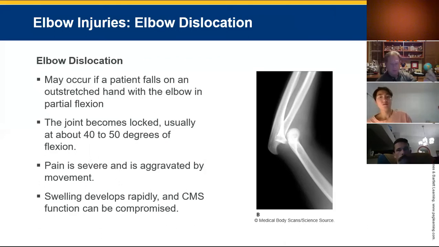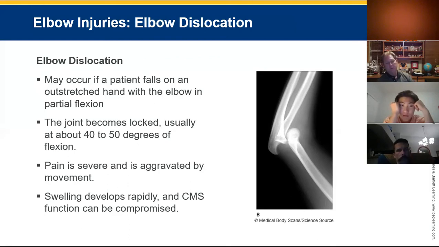The good x-ray of a dislocation. And like he was saying before, this looks like it would be pretty simple if you just put a little pressure underneath the armpit, grab them by the wrist and pull down, maybe a little twist, and it should go back into place. But again, you've got nerves and veins and arteries running all through that area.